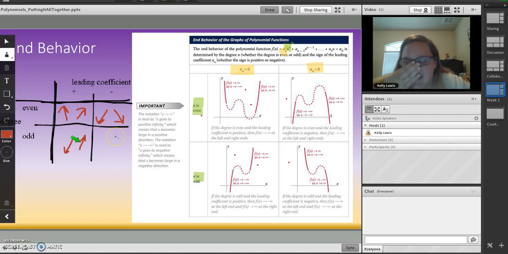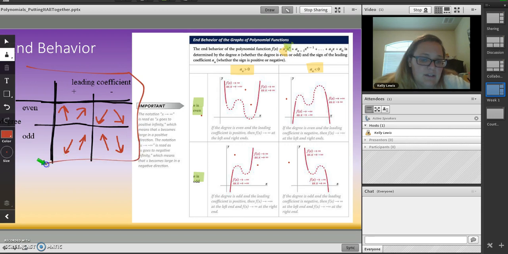If your leading coefficient is negative, so like negative 1/5, negative x to the fifth, it will begin up and then end down. Okay, and what I normally do is I just have this on an index card so I can reference it. And you're welcome to do that to help you out. I have it written over here to the side, or you're welcome to use this.